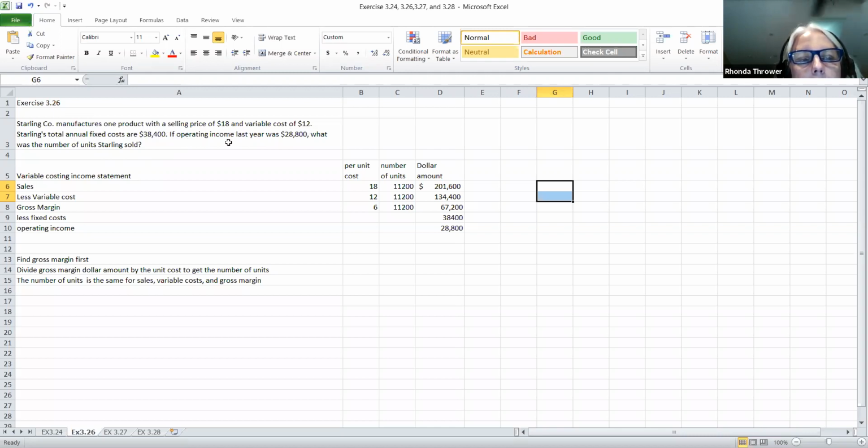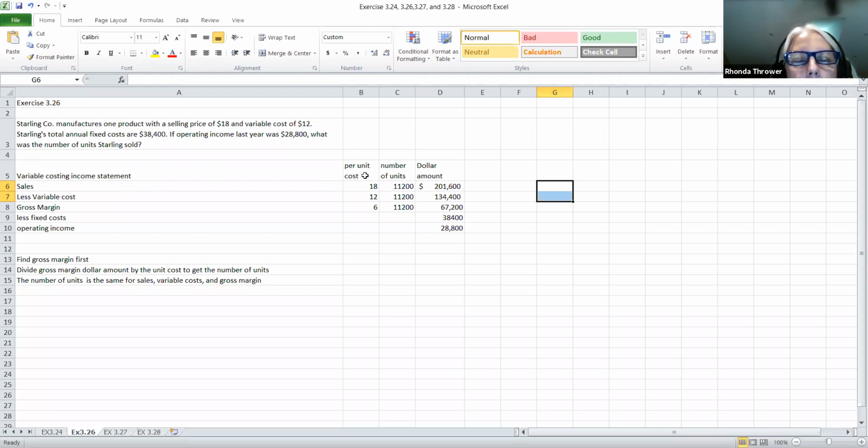If operating income last year was $28,800, what was the number of units Starling sold? You really have to kind of work backwards at this, and this should be a review for you. We covered this in ACC 121. It's a variable costing income statement that we're preparing.